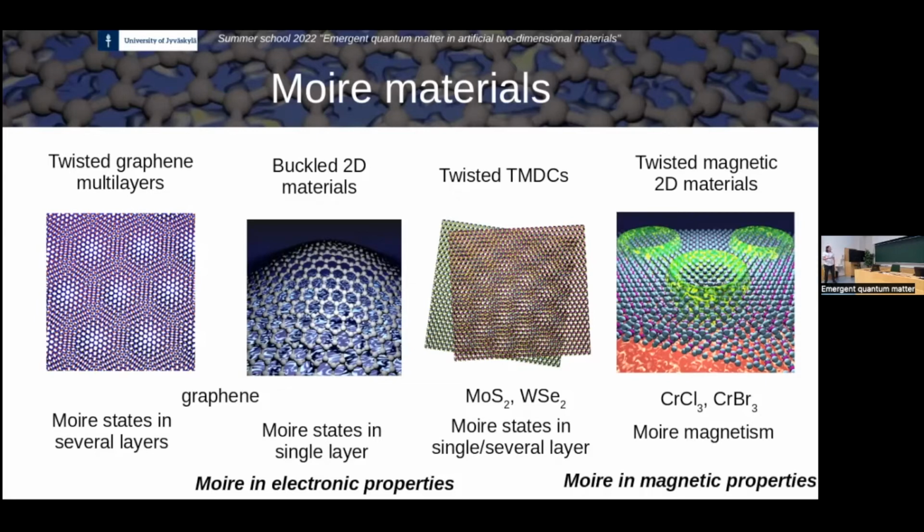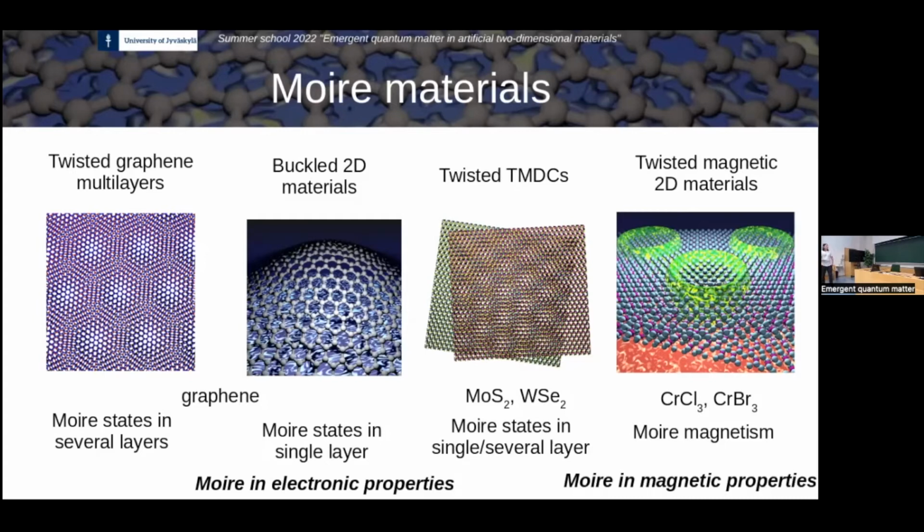And finally, what is also important to note is that Moiré effects are not only important for the electronic degrees of freedom, namely the electronic band structures of actual electrons, but they can have a very strong impact in materials that are insulators, that have a charge gap, where in principle you could think that it doesn't affect too much the electronic properties.